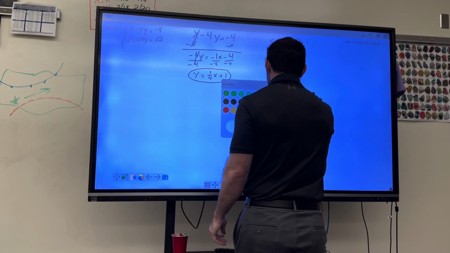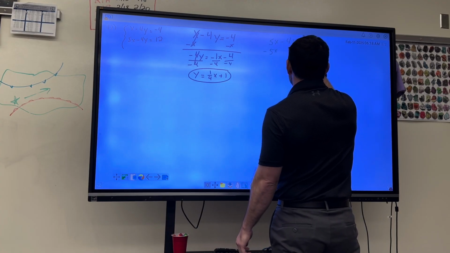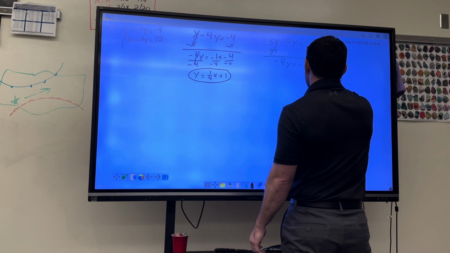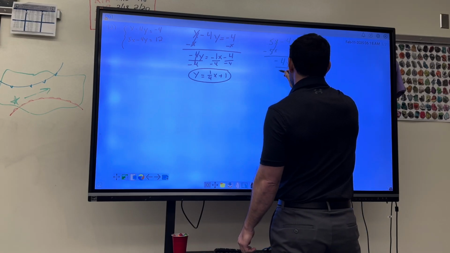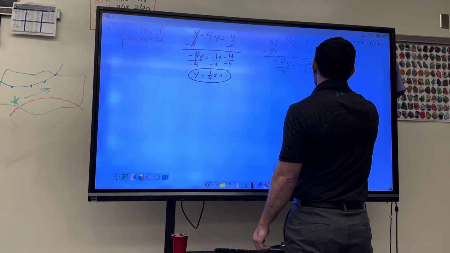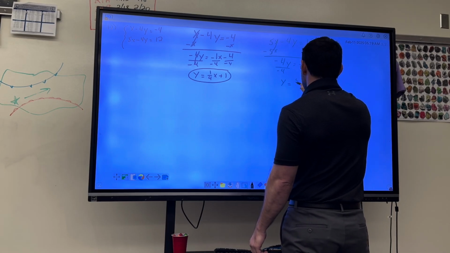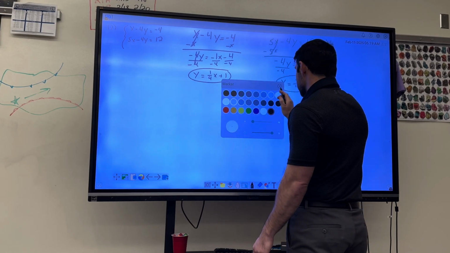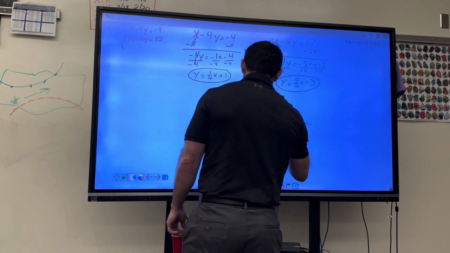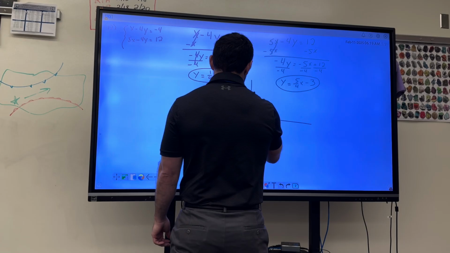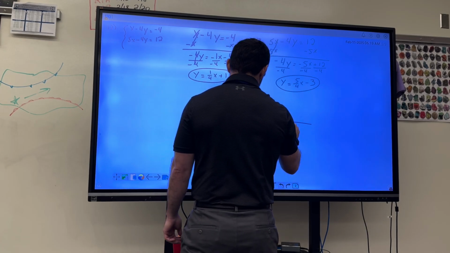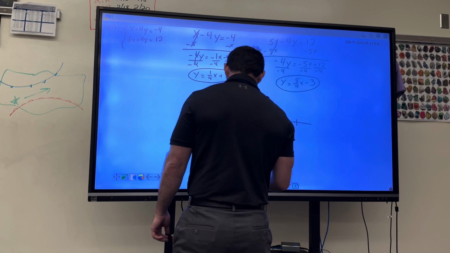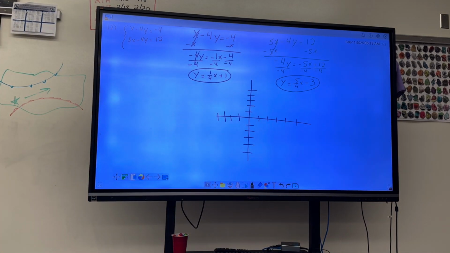So I got the first equation solved. You can take a look. Okay, once you get them both into slope-intercept form, go ahead and try to graph them.